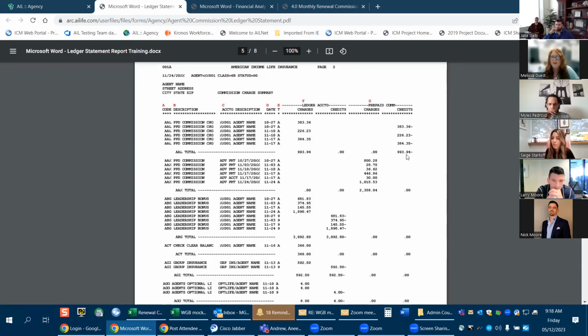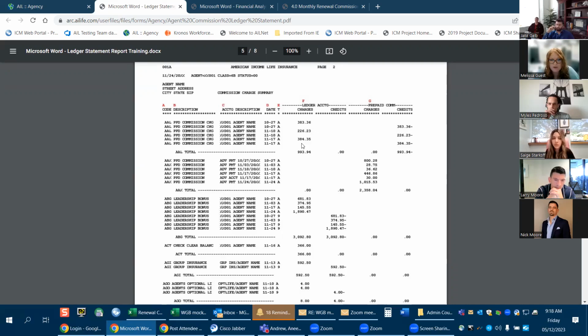When we process the chargeback, we're simply crediting the prepaid balance and then moving that debt over to the ledger balance to allow commissions from other policies to pay that back. So if they don't want to go to their advance reports, they can also go to their monthly commission ledger statements.